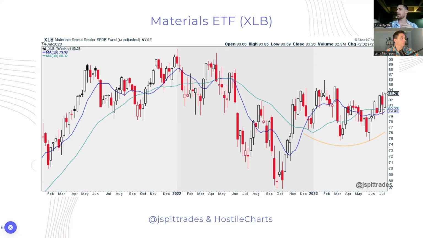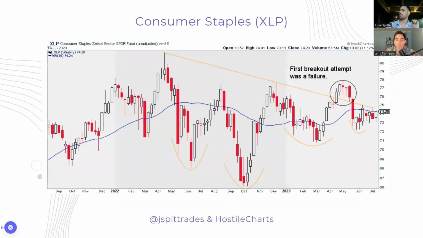We can see that it's back above the 10-week and 30-week moving average, and it's starting to bump up against the highs of the range that the base has been forming. So this is an area of the market where I definitely think we could see some rotation in the near term, and it's the sector I think will test or go to new all-time highs next. That would be materials. That's one area we're paying very close attention to.